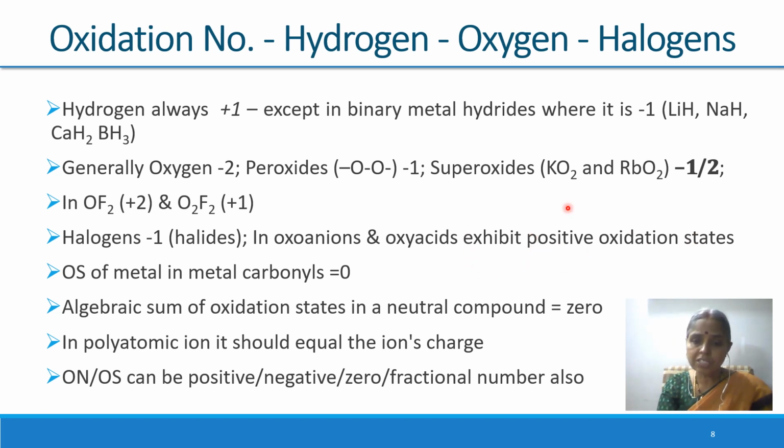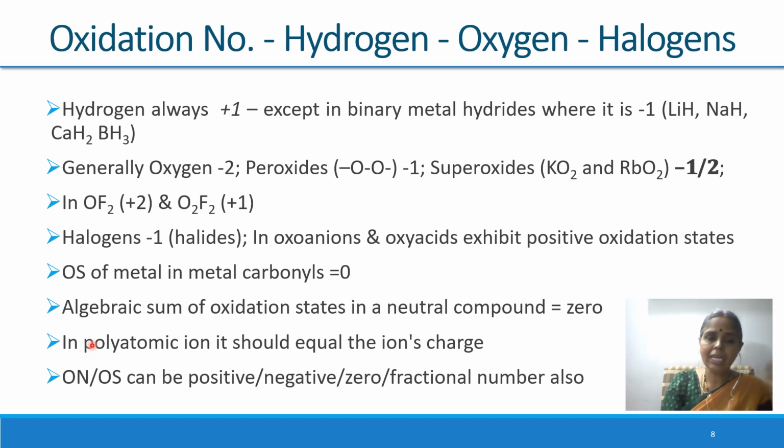Oxidation state of metal in metal carbonyl, this is also a rule: any metal forming a metal carbonyl, like nickel tetracarbonyl, then the metal will have 0 oxidation state. So metal in metal carbonyl will have a 0 oxidation state.